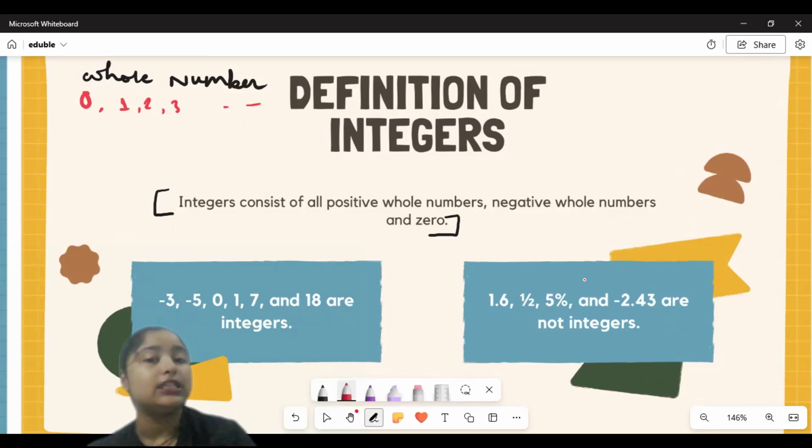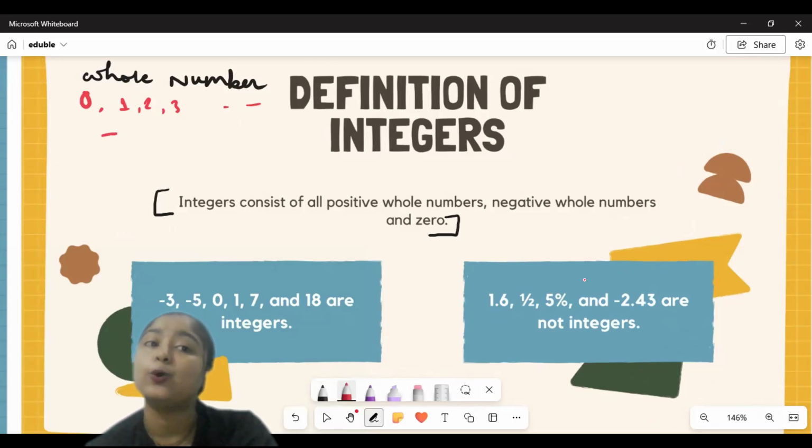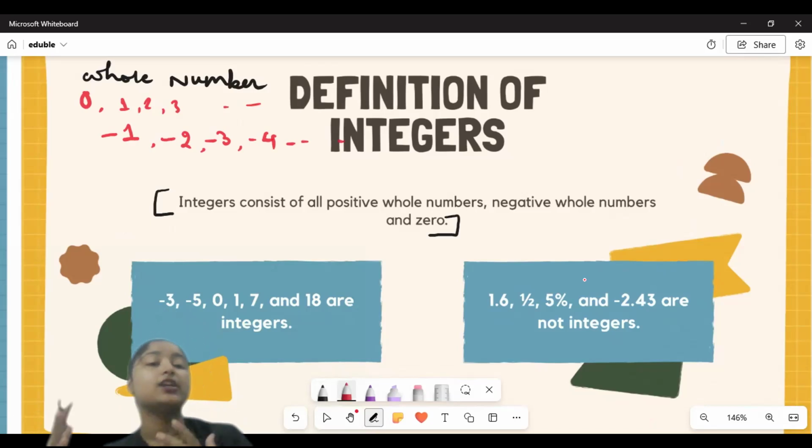So an integer consists of positive whole numbers like these, and negative whole numbers. A negative whole number is a number that has a negative sign with it, for example -1, -2, -3, -4, and so on. These are the negative integers.